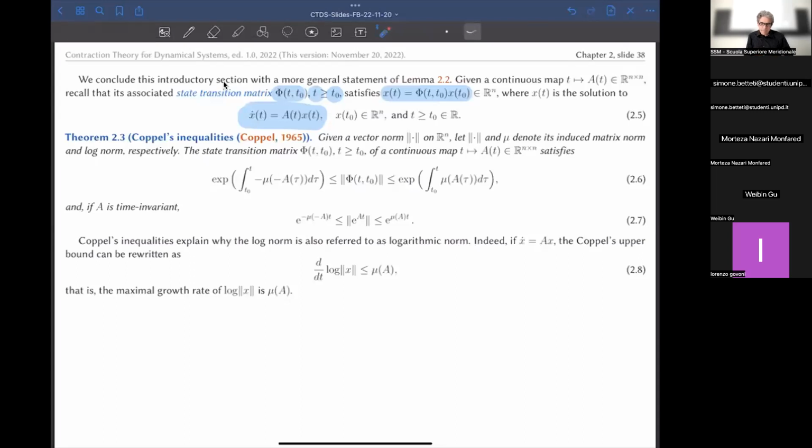All right. So this log norm operator that I've introduced for you was introduced in 1958 by Lozinskii and Dahlquist. They were both trying to bound the solution of ordinary differential equations. A few years later, Coppel wrote a book and showed this inequality. The inequality says, well, in the time invariant case, it's the inequality that I have already shown to you.